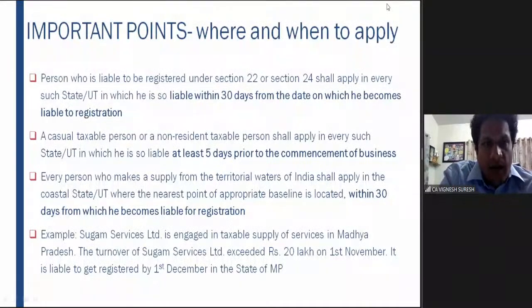Where a person is liable to be registered under section 25, he shall apply in every state or UT wherever he is liable, within 30 days from the date on which he becomes liable to registration.